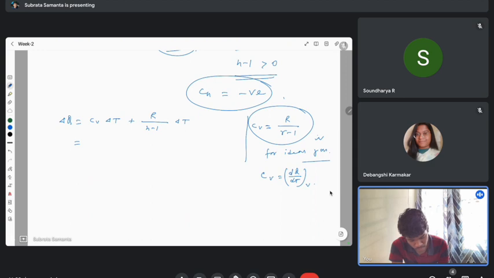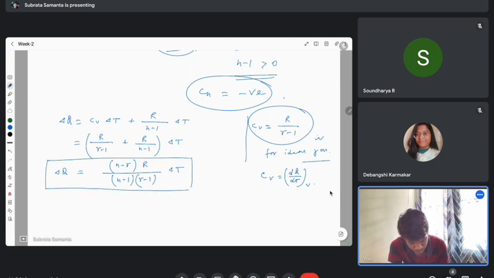So then we put this formula, R by gamma minus 1 plus R by n minus 1, times delta T. So this is n minus gamma times R by n minus 1 times gamma minus 1 times delta T. Right?